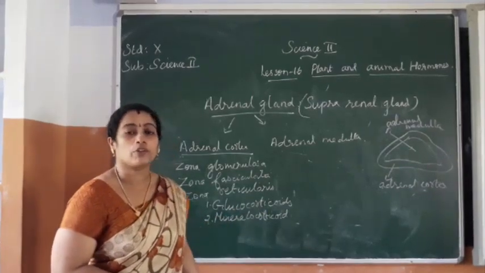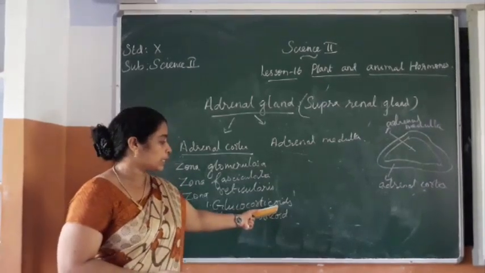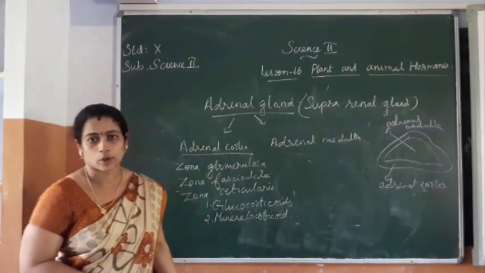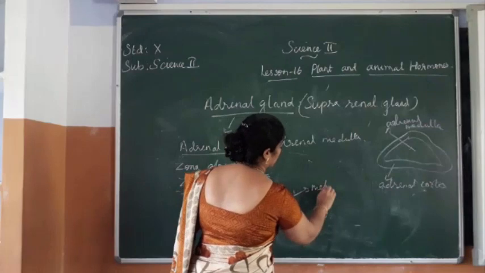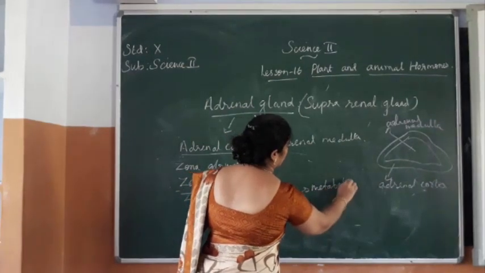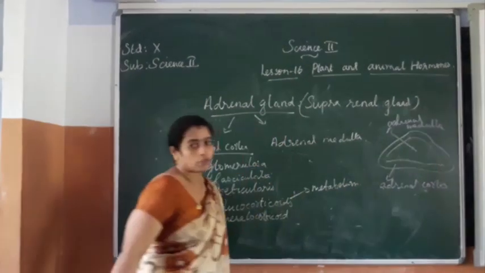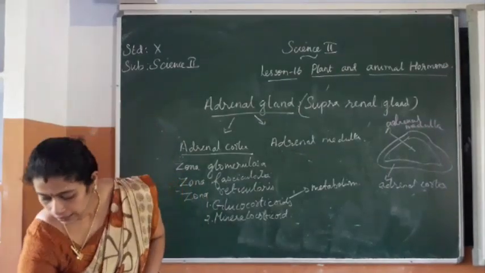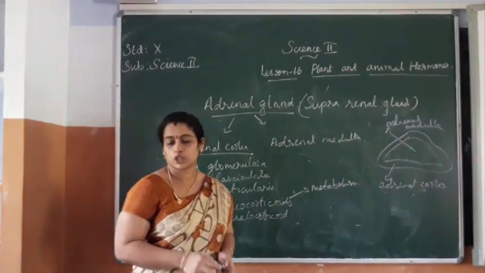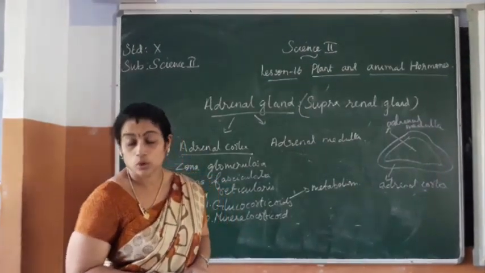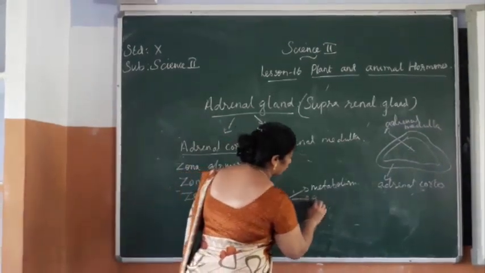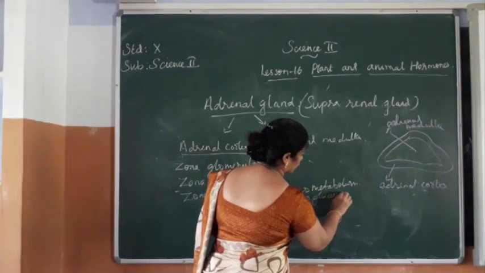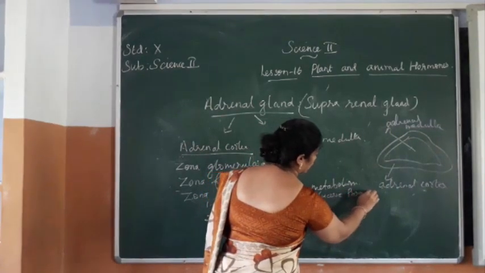First we can see the functions. What are the functions of glucocorticoid? It regulates the cell metabolism of our body, and it stimulates the formation of glucose from glycogen.